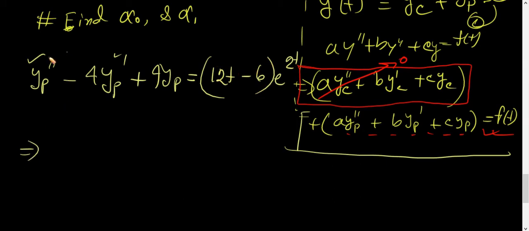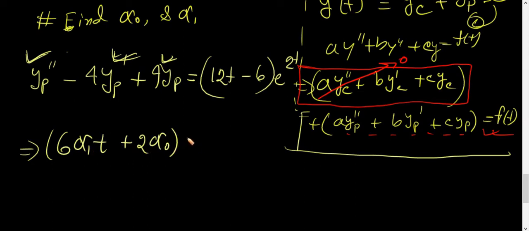Now if you do all this, that is you differentiate 2 times, you differentiate 1 time, and then you plug in the value of yp, which is just a differentiation of a single variable, then on the left hand side you should have 6 alpha 1 t plus 2 alpha 0, sorry, not alpha 0, it should be alpha 1, times e to the power 2t, and on the right hand side you have our f of t, which is just 12t minus 6 e to the power 2t.